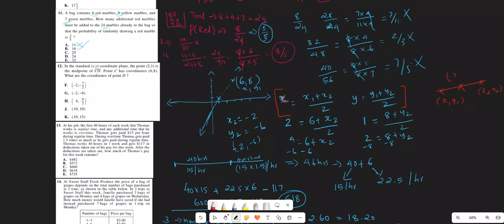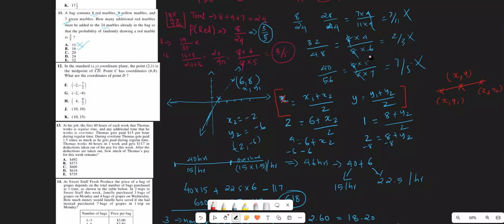The midpoint is also in coordinate form, x and y. The x coordinate is x1 plus x2 divided by 2, and the y coordinate will be y1 plus y2 by 2. Here in this question, it is given that (2, 1) is the midpoint.